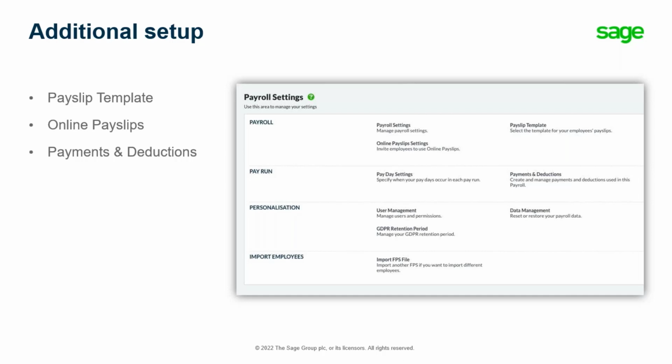And payments and deductions can be set up in advance if you've got different payment descriptions you want to use, maybe basic, overtime, commission, etc. You can set them up so that they're ready to select when you run your first payroll. As I say, we do cover that in more detail in our other webinar.